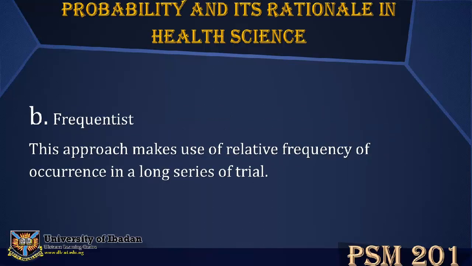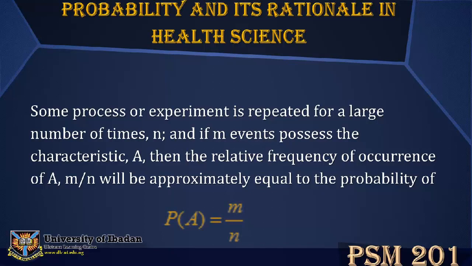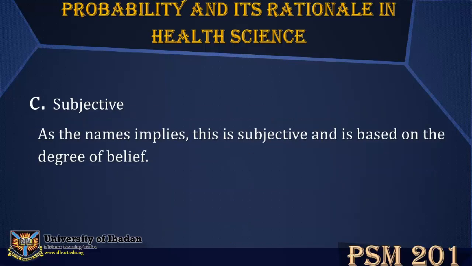Frequentist. This approach makes use of the relative frequency of occurrence in a long series of trials. Some process or experiment is repeated a large number of times, N. And if M events possess the characteristic A, then the relative frequency of occurrence of A, M over N, will be approximately equal to the probability of A. P(A) is equal to M over N. In other words, it is the long-run proportion of times an event will occur in repeated identical repetitions of an experiment.